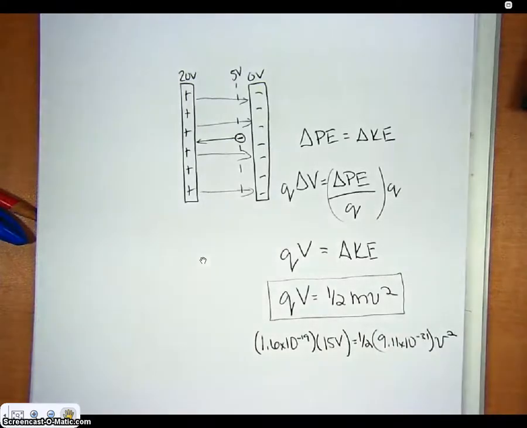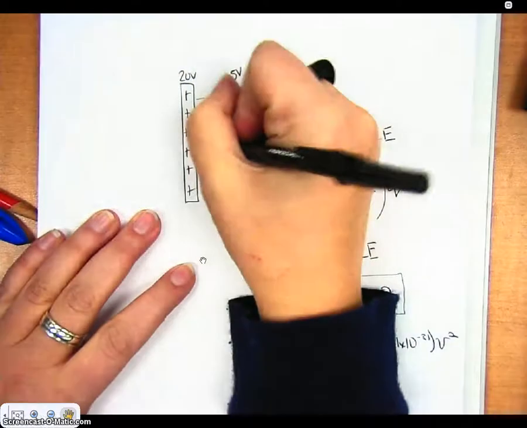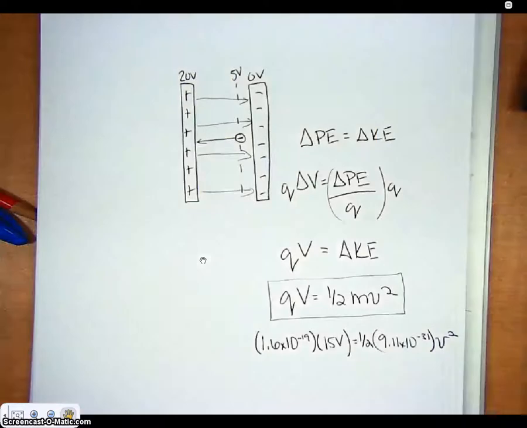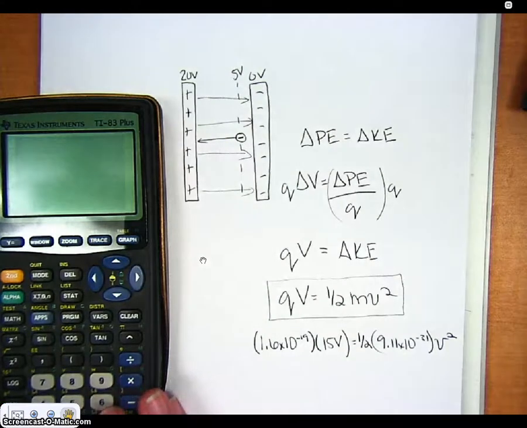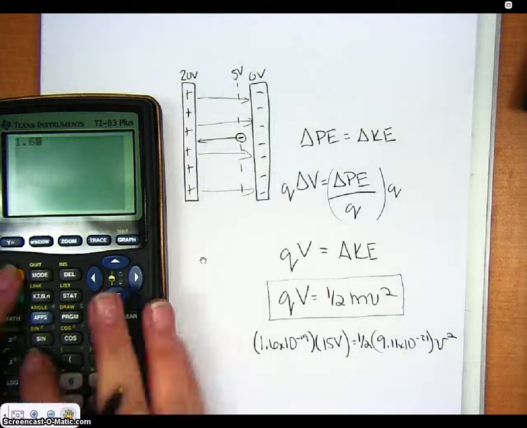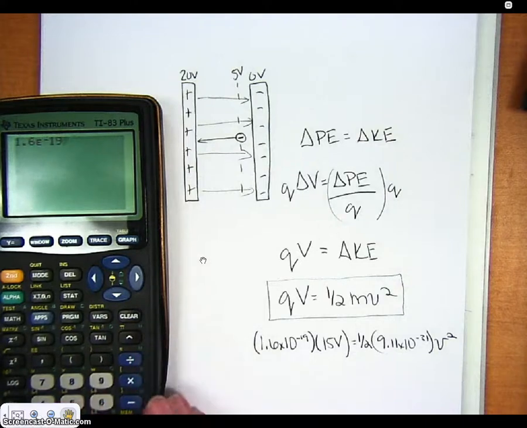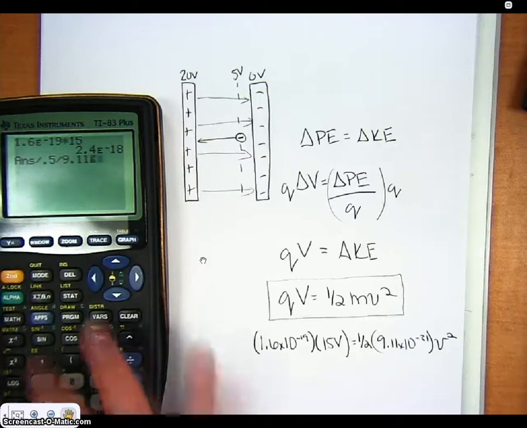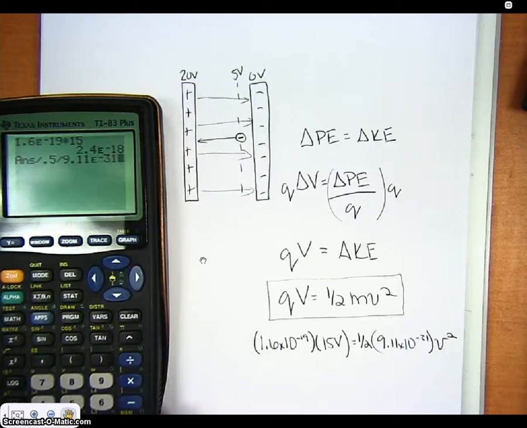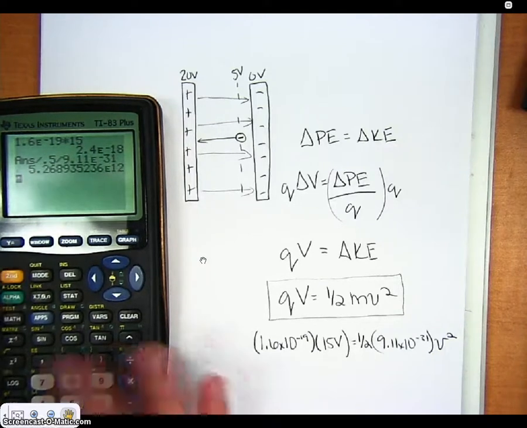So I can figure out how fast the electron is going to strike that surface. Just take 1.6 e to the negative 19th times 15, divided by 0.5, divided by 9.11 e to the negative 31, and then take the square root.